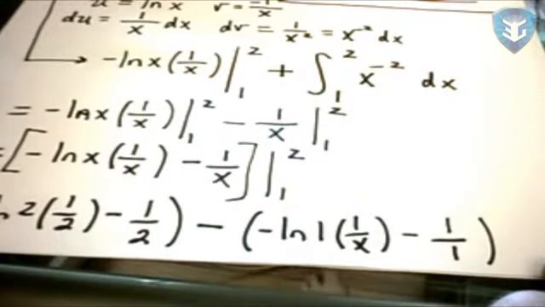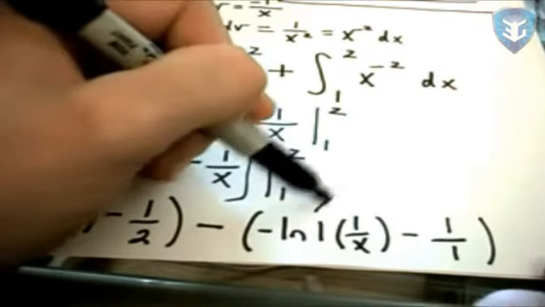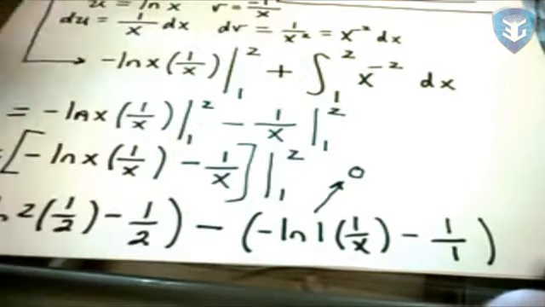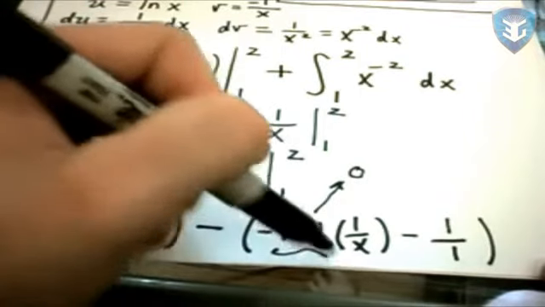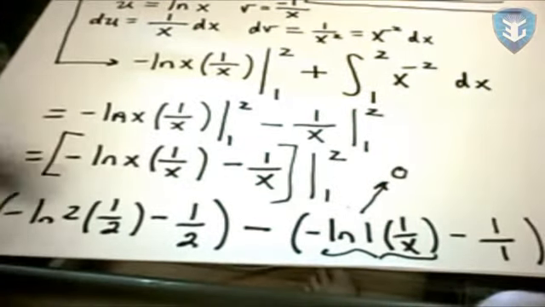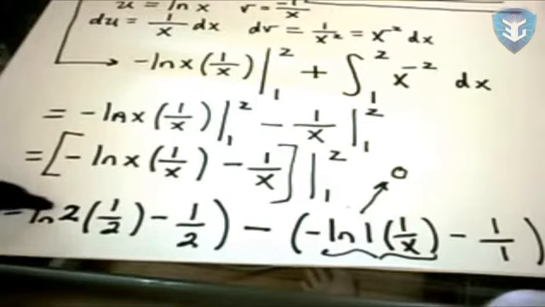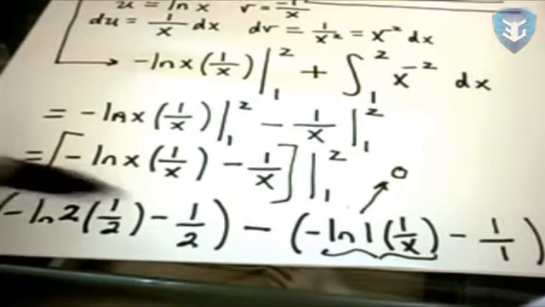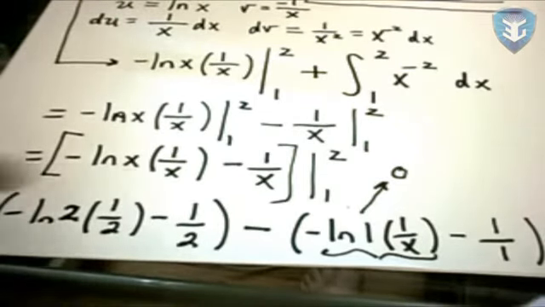Make sure all my parentheses are in there. I think they are. And recall that ln of 1 equals 0. So this whole term is going to cancel out anyway. And, you know, negative ln of 2, without a calculator, you can't really do much simplification to ln of 2. So I would leave this term alone.